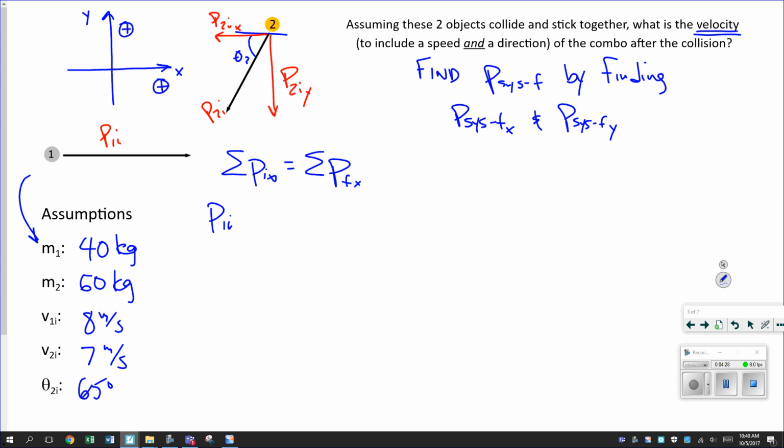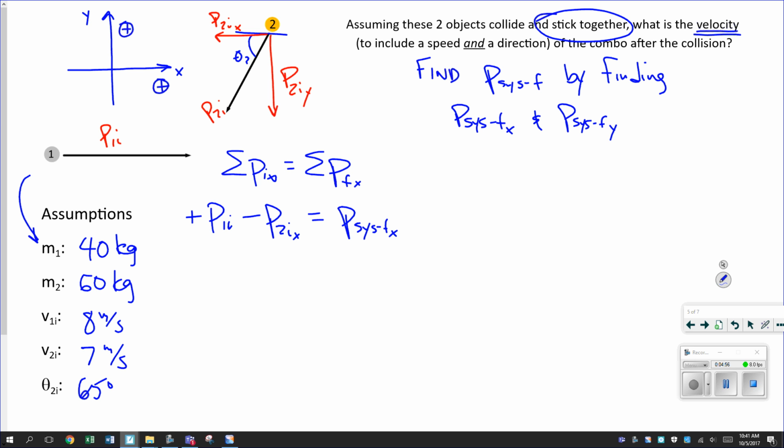So P1 initial is in the positive x direction. P2 initial x component is in the negative x direction. That gives us the sum of all the final x momentums. I'm going to call that P system final x, because these things stick together and move as a system.